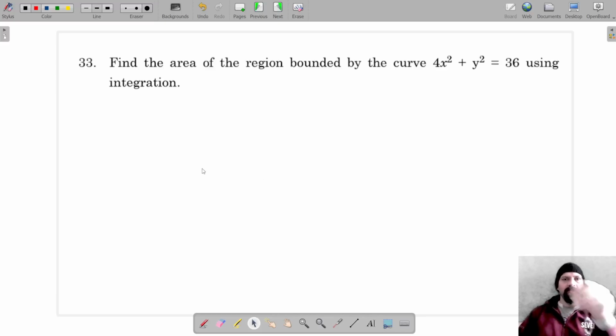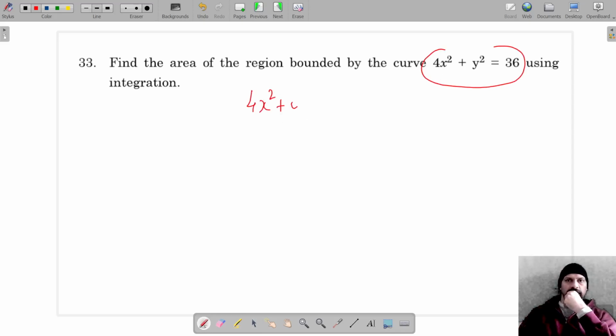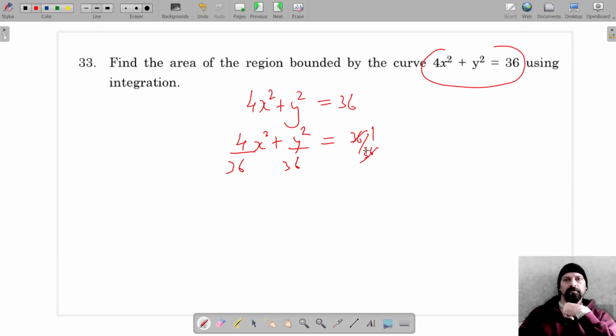Okay, for question number 33, we have to find the area of the region bounded by the curve. Let's see what type of curve this is. Let me divide all the terms by 36.